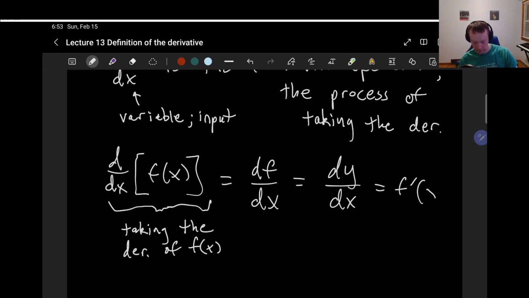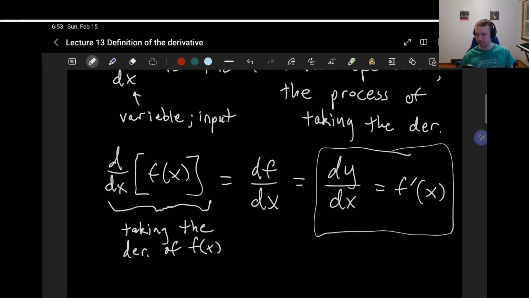And another way is f prime of x. So these three things, it's just notation, which all means the same thing. It's the derivative. I think this exists in part because calculus was invented by two different people independently, Isaac Newton and Leibniz.